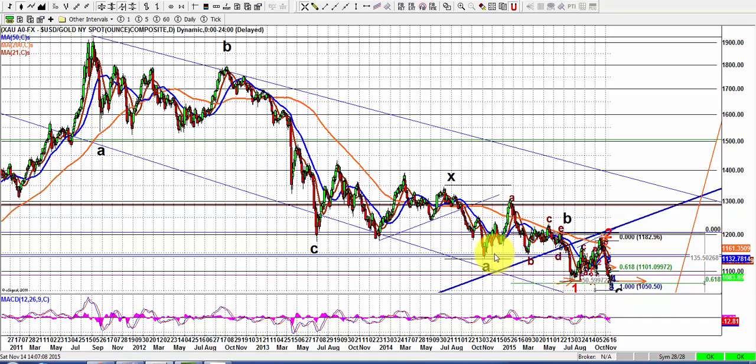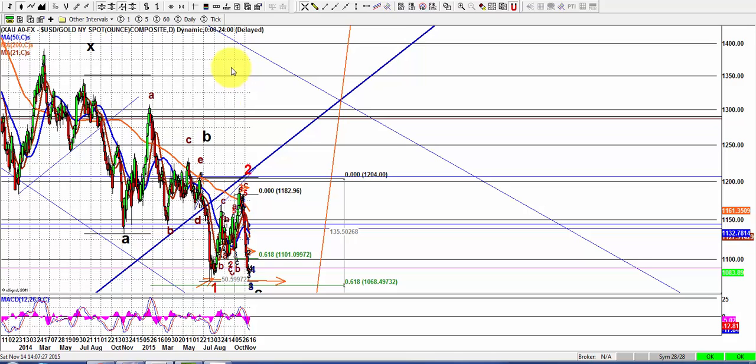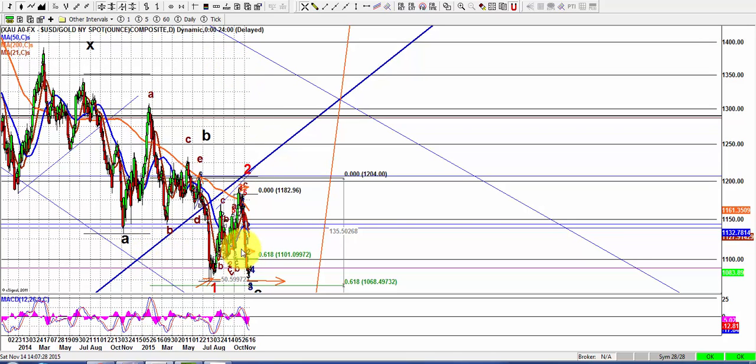Okay, you had an A right here, and if you want to relate the price action of the C, which is now taken as a C, to the A that preceded it here, then you run a Fibonacci extension of that A. And where does that take you? Well, from what we can see here on the chart, the first stop that we have here is the 0.618.